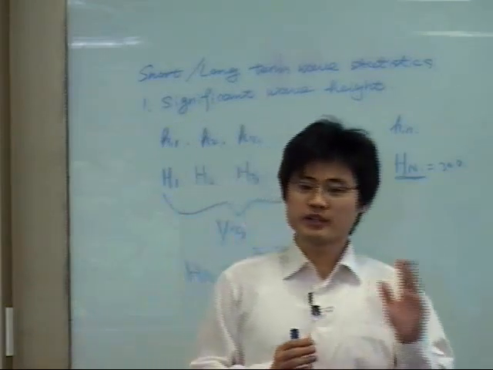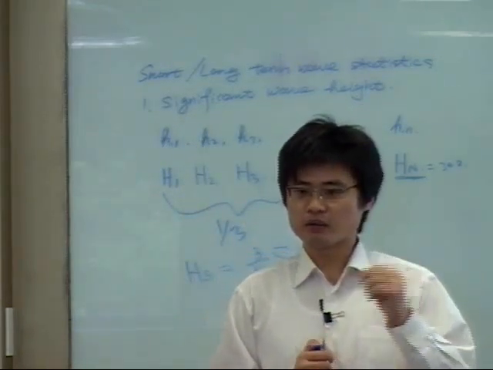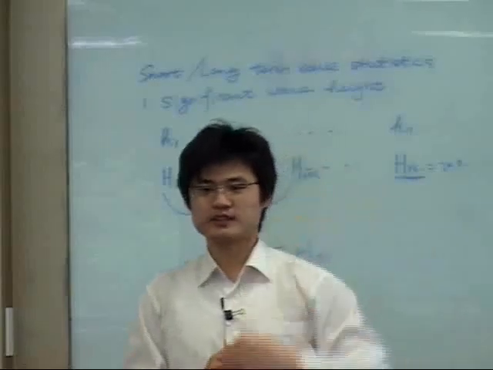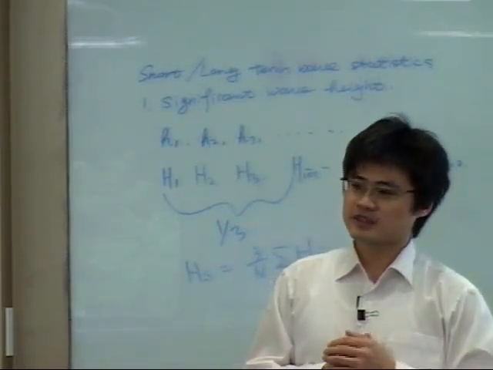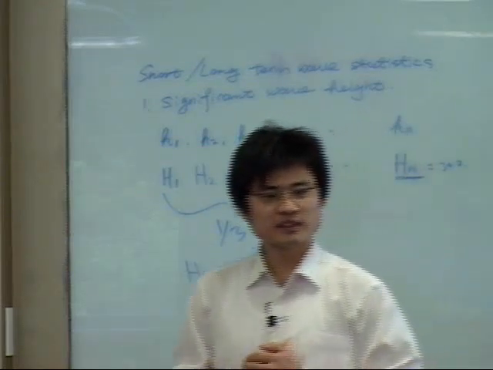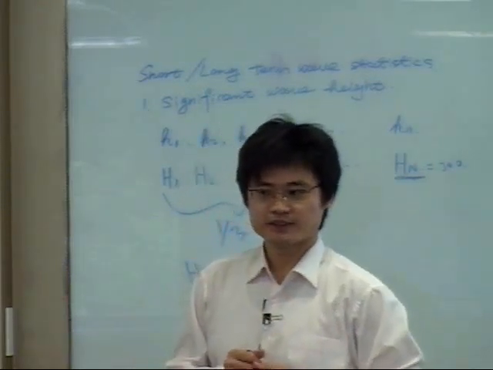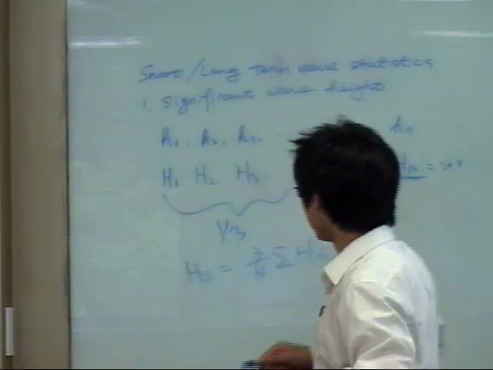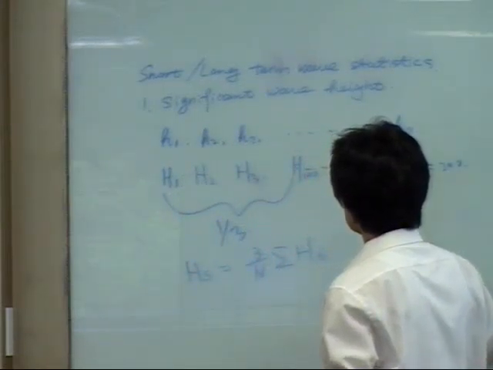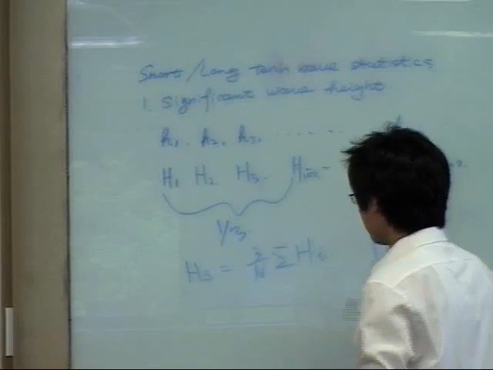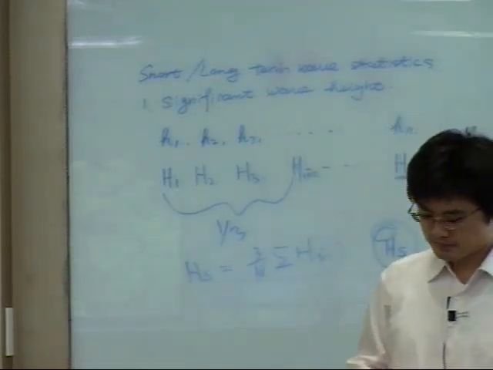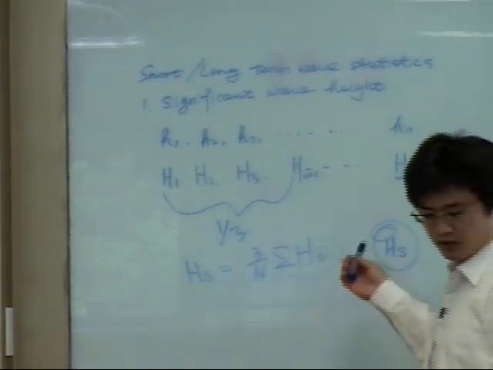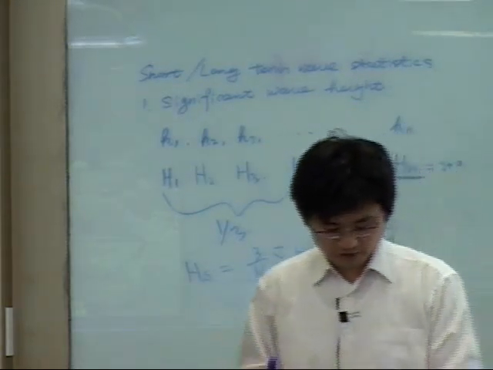Those guys are very experienced. They can tell how high the wave is. If you let him sit there and observe for 1 or 2 hours, he'll give you a wave height. This wave height from this experienced guy happens to be very close to this definition. So this is why we call it the significant wave height.